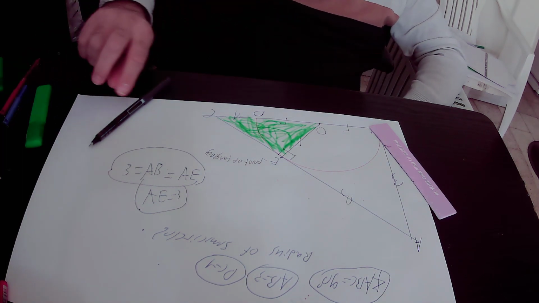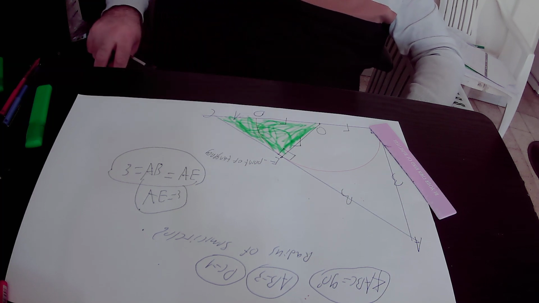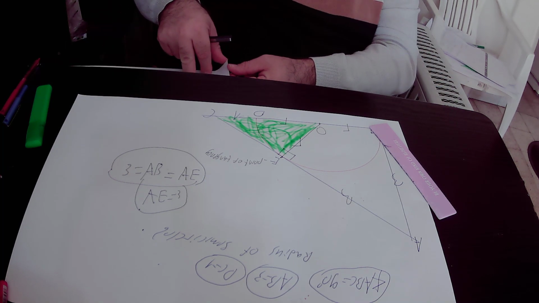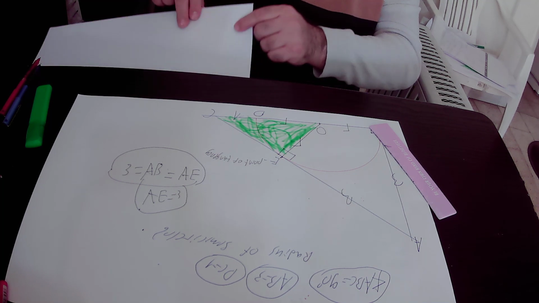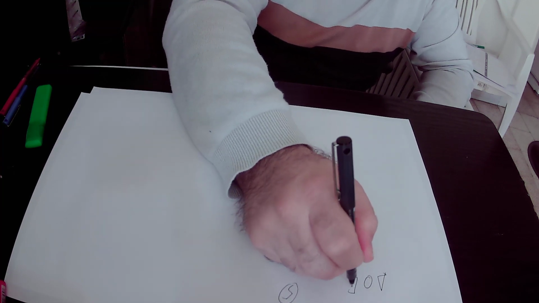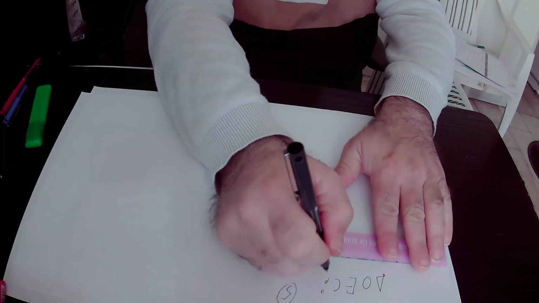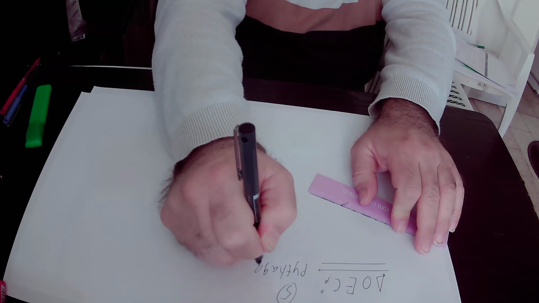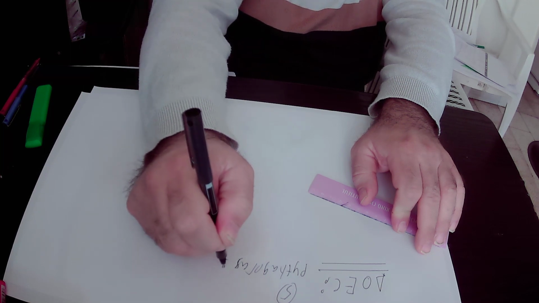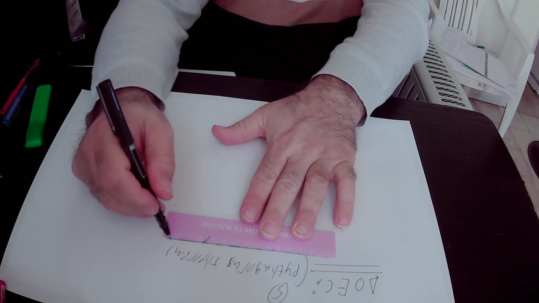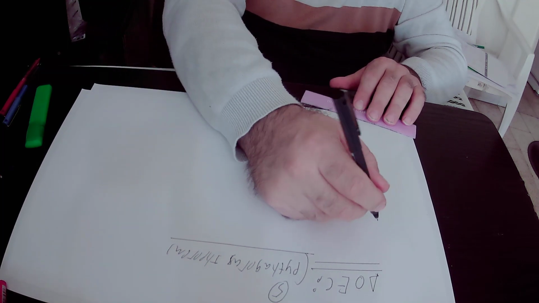Okay, so in this green right triangle, triangle OEC, according to the Pythagoras theorem, in any right triangle, the square of the hypotenuse equals the sum of the squares of the perpendiculars.